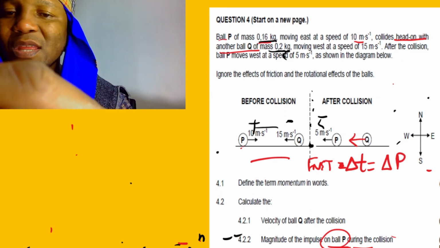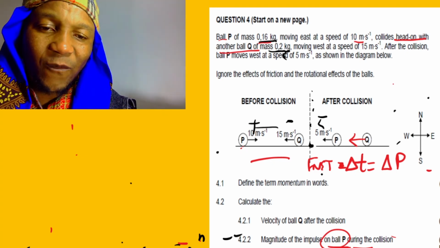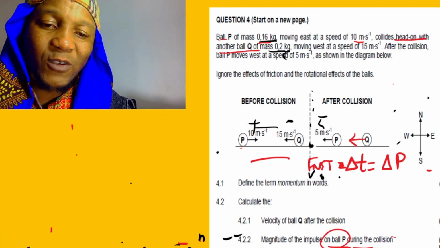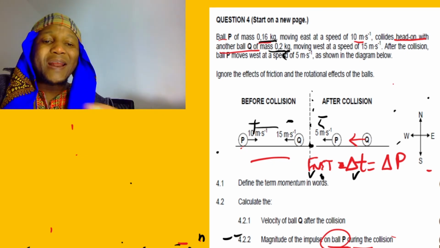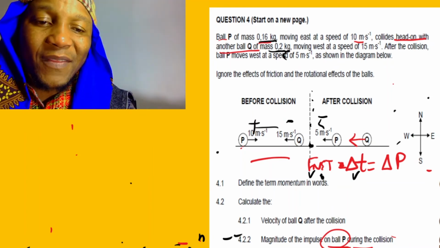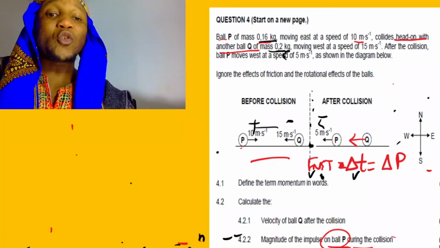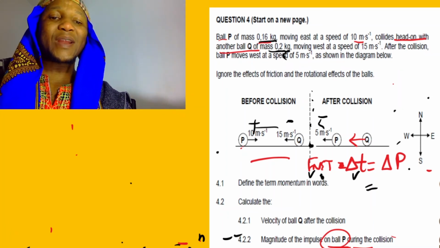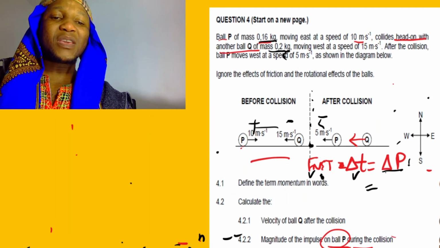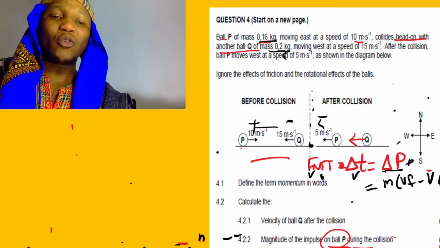If I had a net force, I would use net force. If I had a time, I would use time, but I don't have either, so I can rather use the second one. It depends which data you have. For this case, I use the change in momentum of P: mass times final velocity minus initial velocity. And I have all the information.